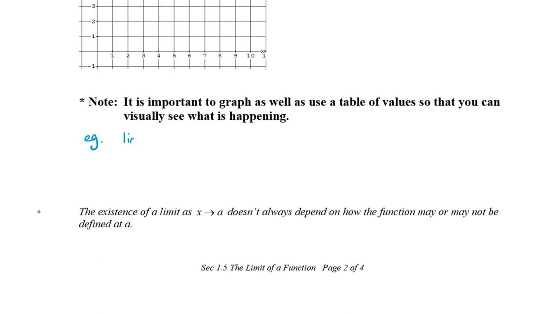So as an example, let's say that I ask you to find the limit of sine(pi over x) as x approaches 0. Now, if we graph, you will see that it looks something like this. It's a little bit crazy. And you can use Desmos to take a look at it.